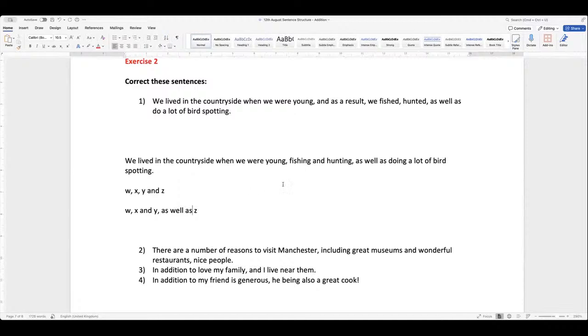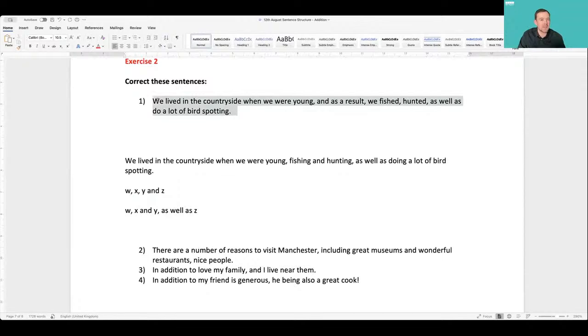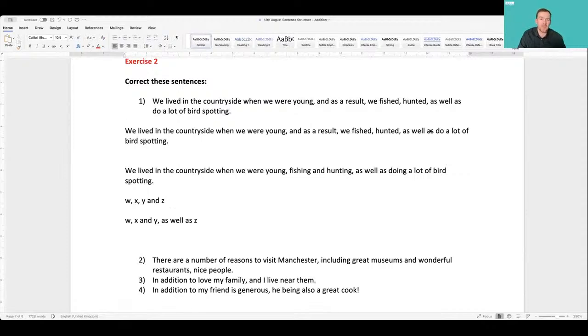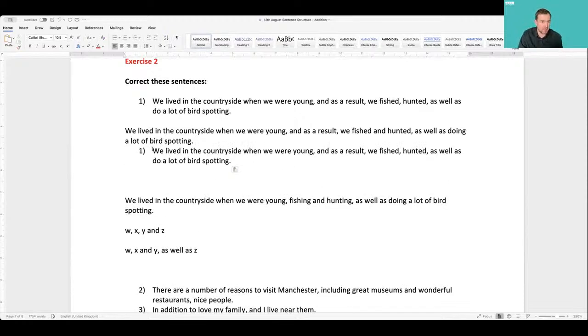Okay. All right. I think that's okay, but let's just make it a little bit simpler. So we lived in the countryside when we were young, and as a result, we fished, hunted, as well as doing. That's it. We fished and hunted as well as doing. If you wanted to not use as well as, it could be very, very simple.